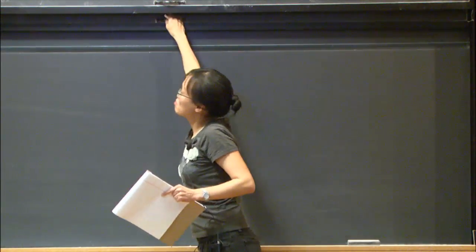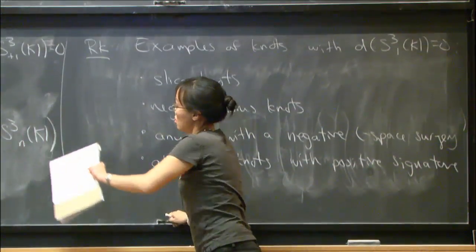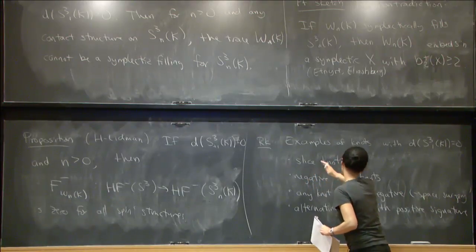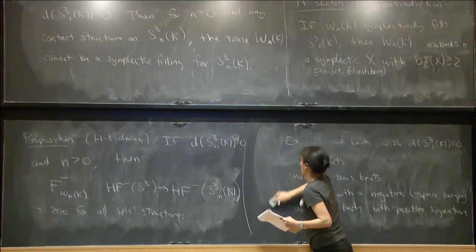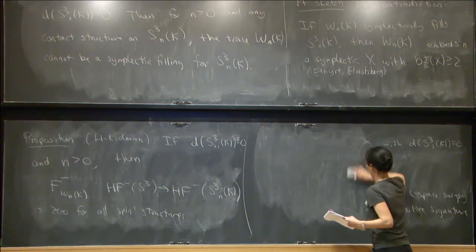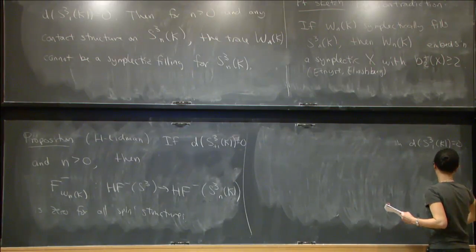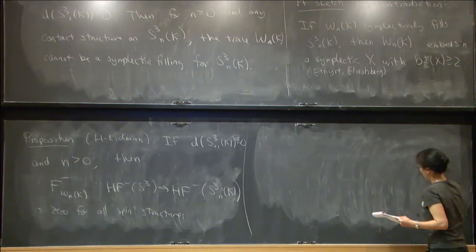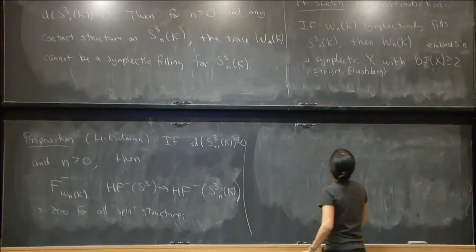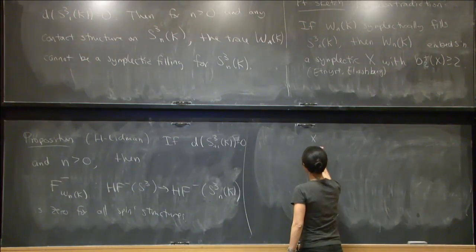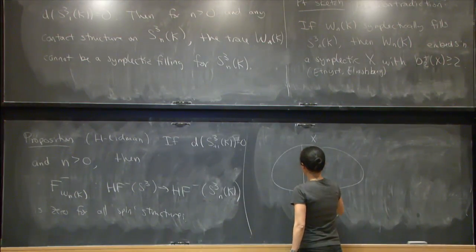Okay. So now maybe it's apparent how we can use this proposition to prove the result. So we have X. The trace embeds.